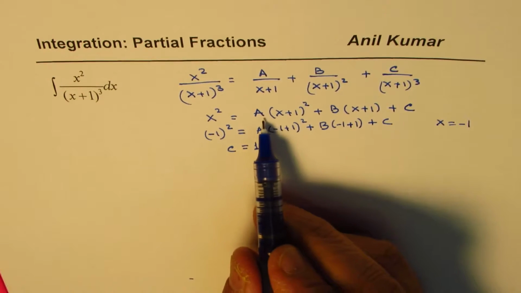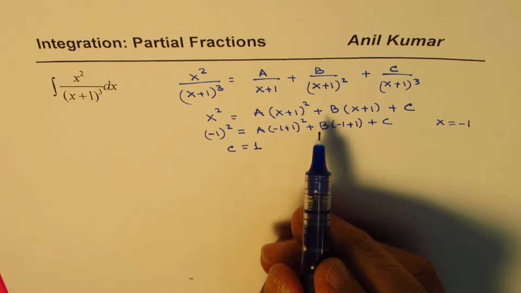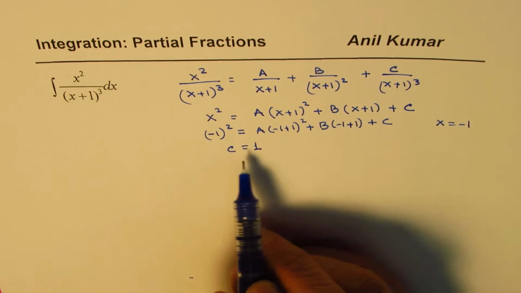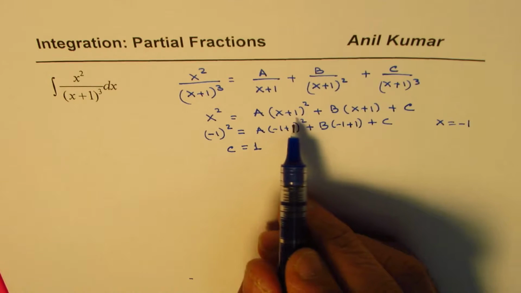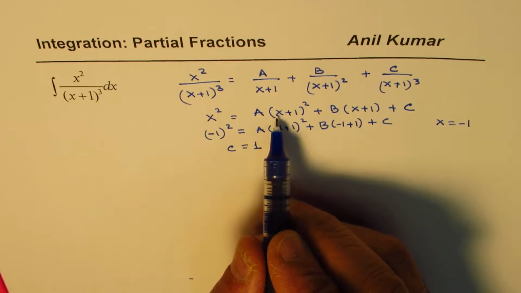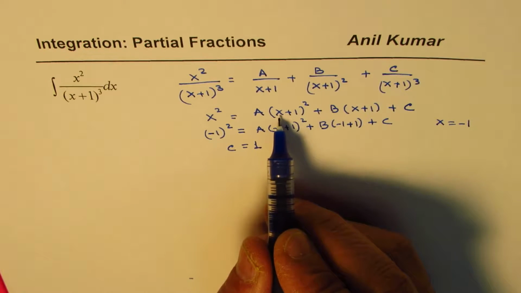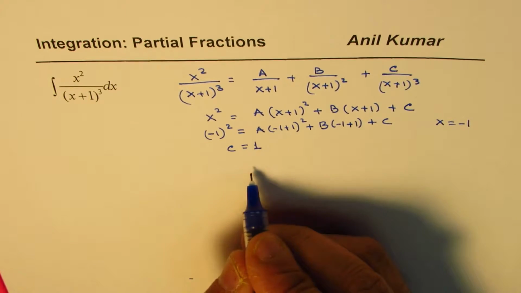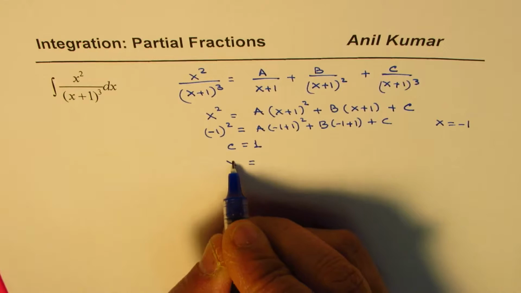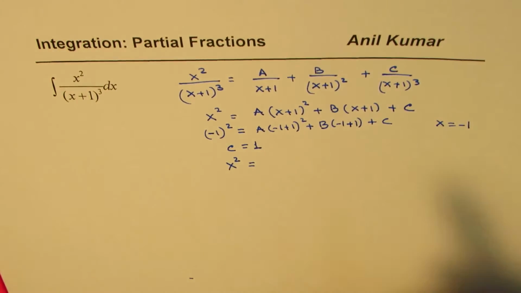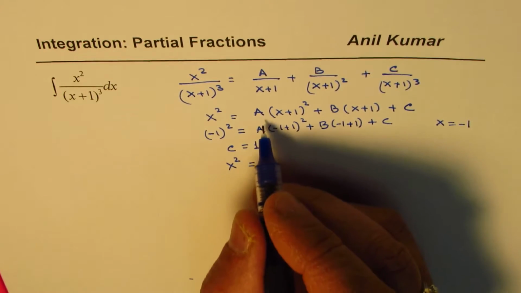Now, to find A and B, what we can do in this particular case is open up and compare the coefficients. So C is 1. The x squared term will be only with A, and here we have x squared on the left side. Let's do that expansion.